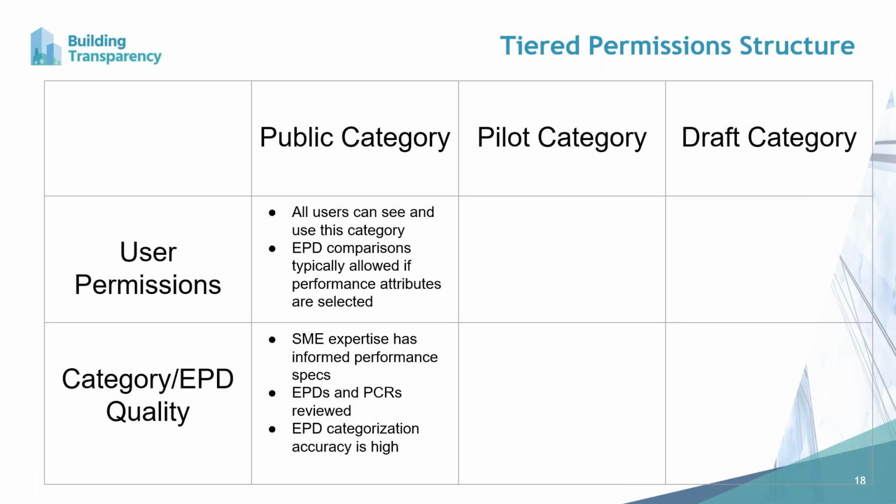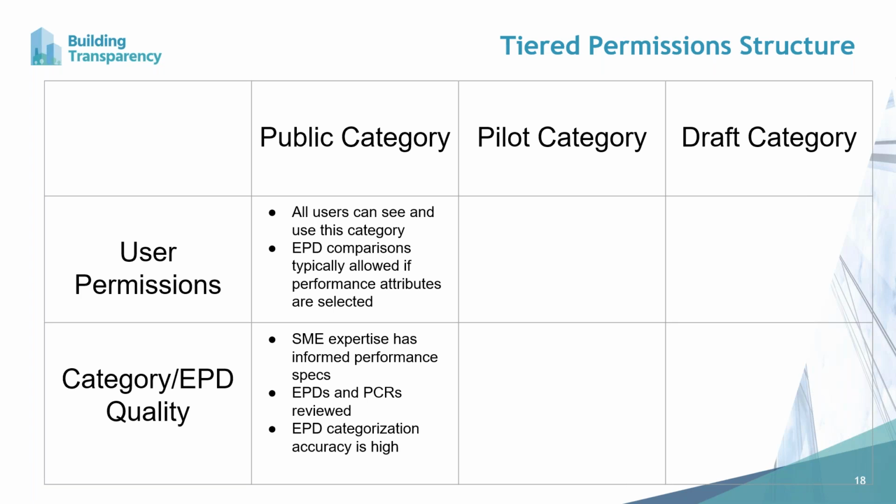One layer deeper, of what is required to move a category to public, we require that we've had some kind of SME expertise related to manufacturers of that product to inform the performance search specs that I showed. We also require that internally we've done a review of the existing EPDs and PCRs that exist for that category.